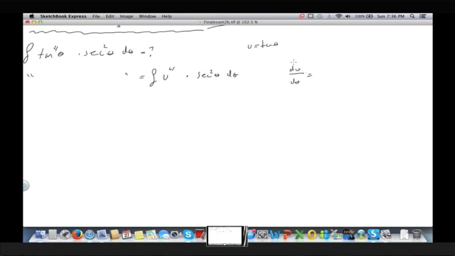Derivative of tangent theta is secant squared theta. du. Okay.